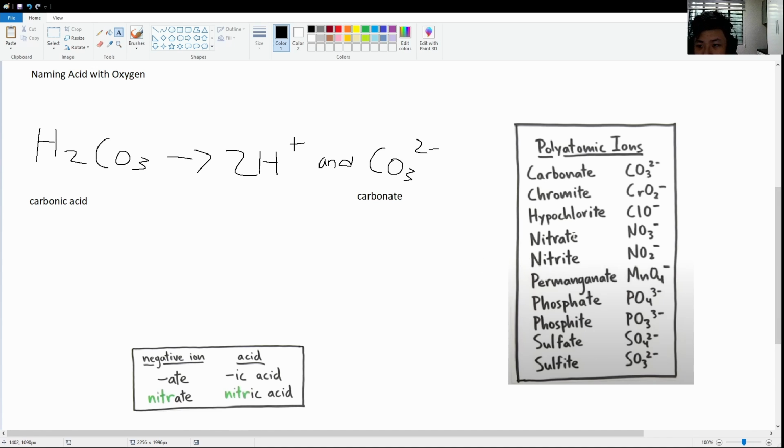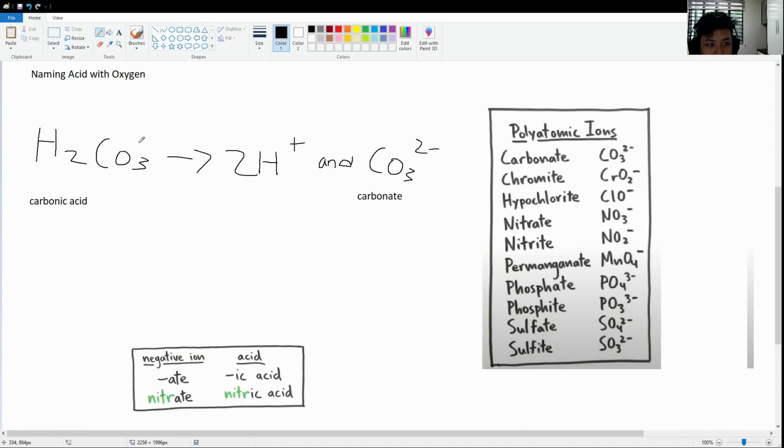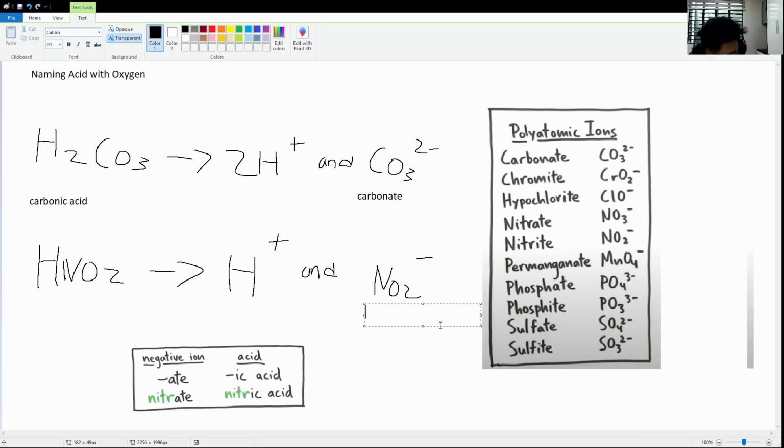The other type of polyatomic ions ends with ITE. So now we're going to do some questions that end with ITE. Next example is HNO2. First break this down into two parts, which is H plus and NO2 minus. NO2 minus is nitrite, so we're going to write this down, nitrite.